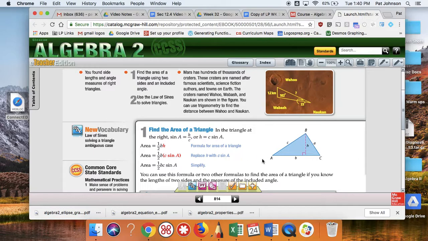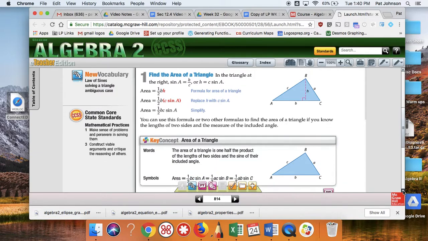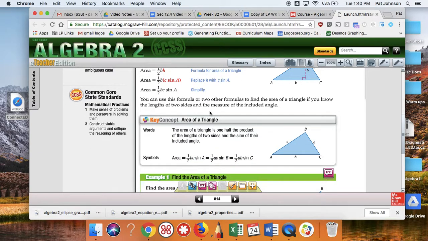So we can use this formula or two other formulas to find the area of a triangle that's not a right triangle, or that's not given the height, if we know the lengths of two sides and the measure of an inclusive angle. Here is the key concept box, which you need to learn. The area of this non-right triangle is 1/2 times little b and little c times sine of A, the inclusive angle.